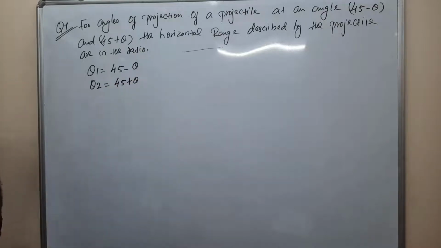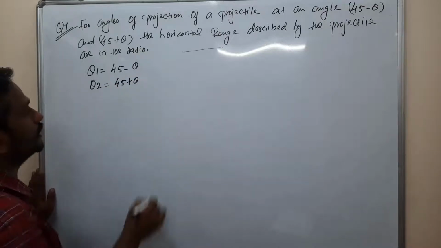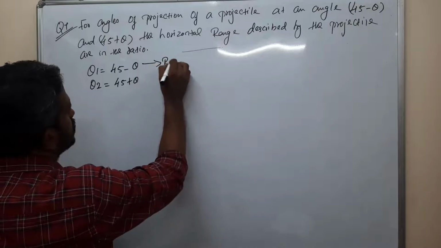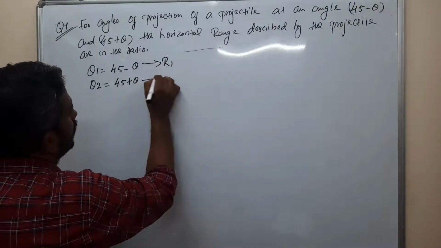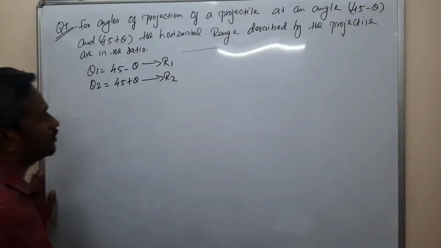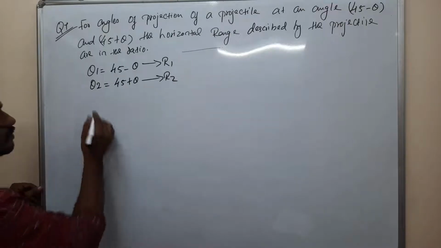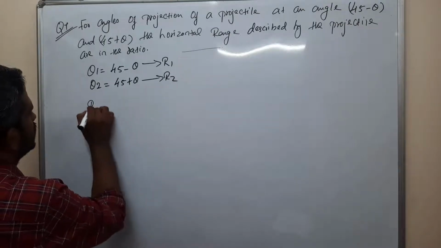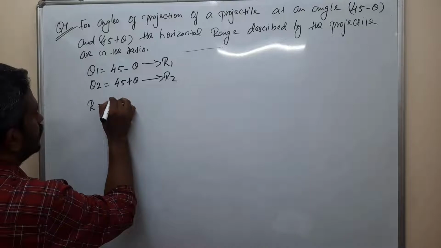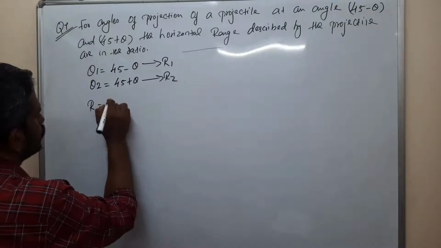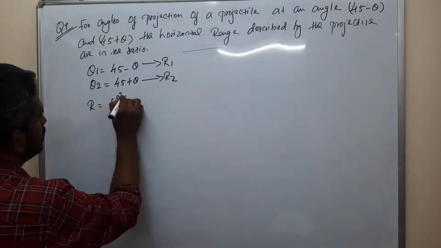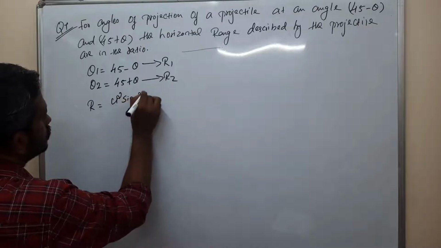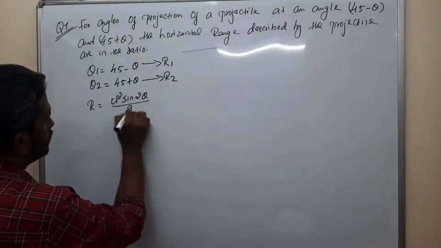So let R1 be the horizontal range of the first projection, and R2 the horizontal range of the second projection. So what is the general formula? Horizontal range R is equal to u square sin 2 theta divided by g.